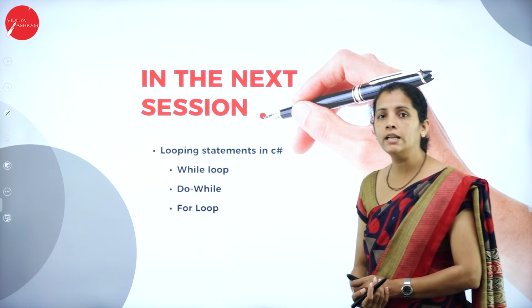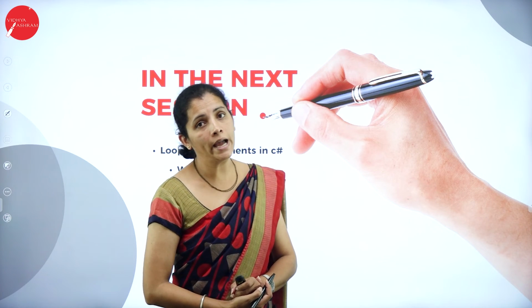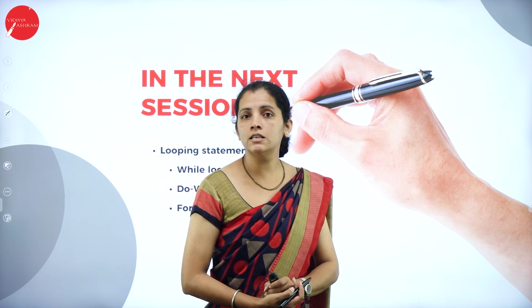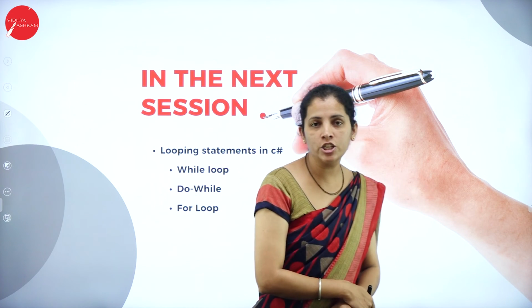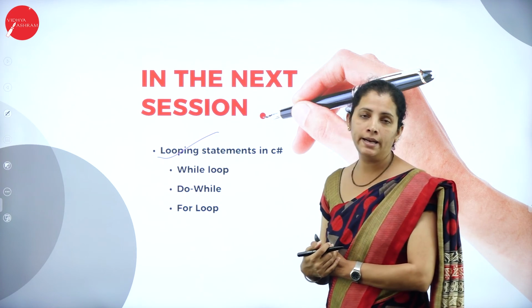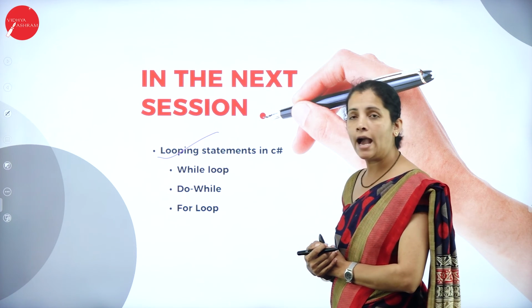So dear student, in today's session, I started with the if, else if ladder. Along with that, I have discussed the switch statement. But in my next session, I'm going to deal with looping statements or iteration statements in C#.